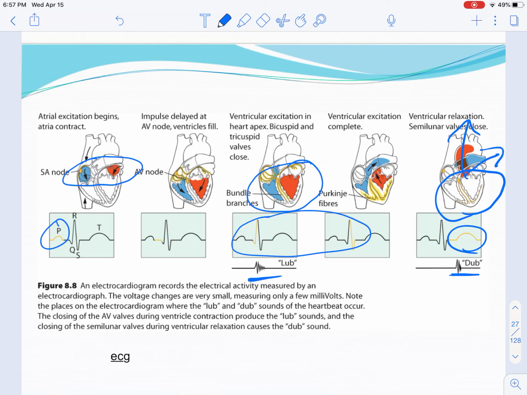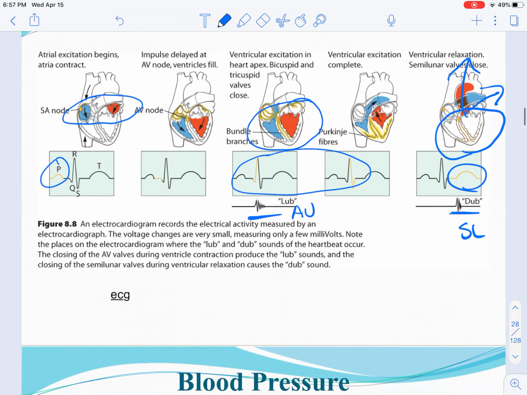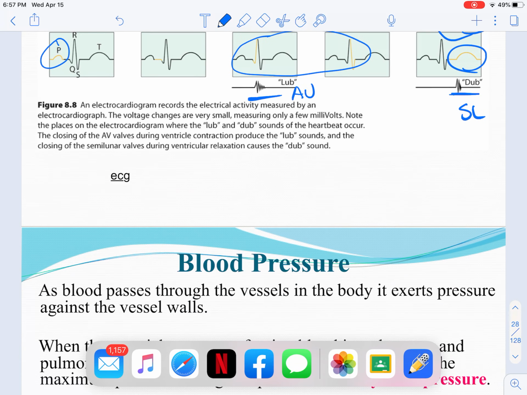Those sounds actually come from the AV valves closing, which make the lub sound, and the semilunar valves closing make the dub sound. As they close, because there's pressure of the blood moving past, and right behind it the valves are being shut, the heartbeat sounds are actually sounds of valves.